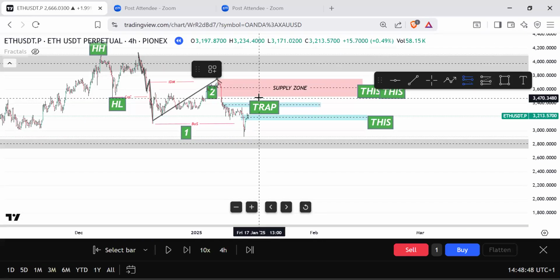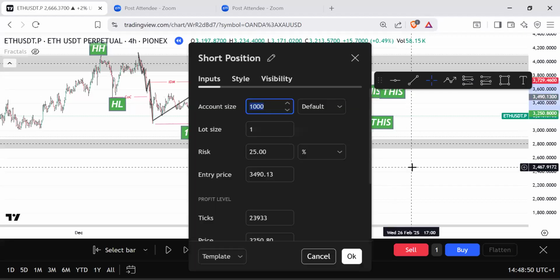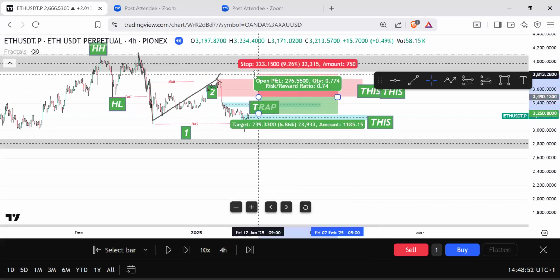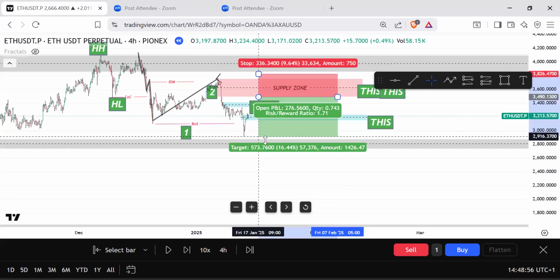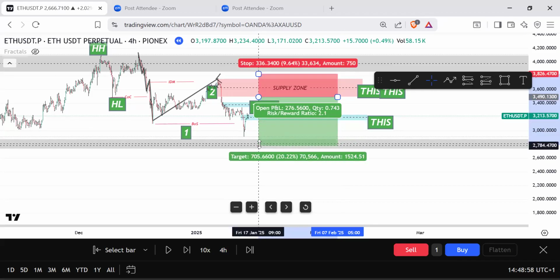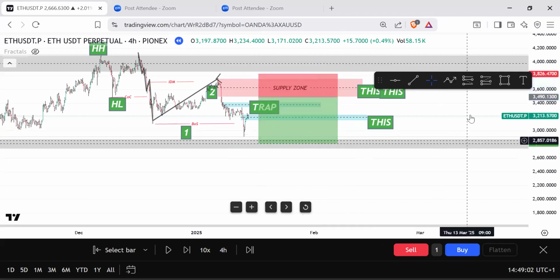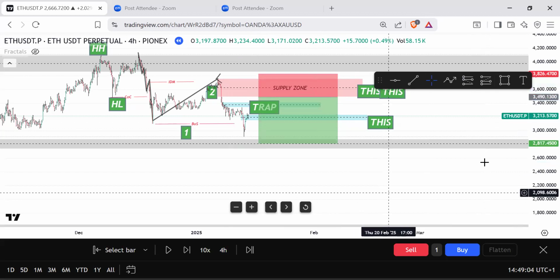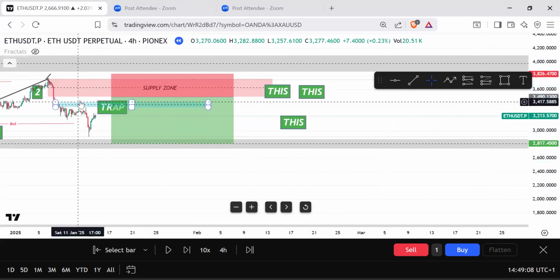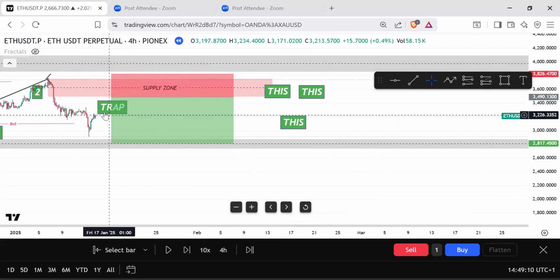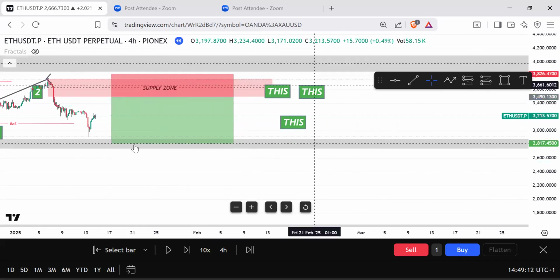That will not be a missed trade. You can see what happened there.